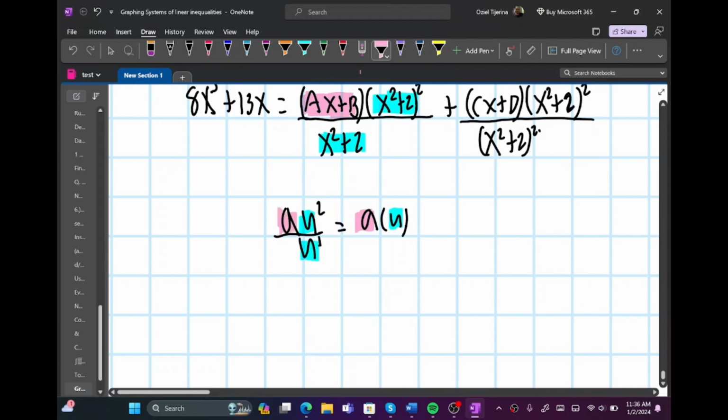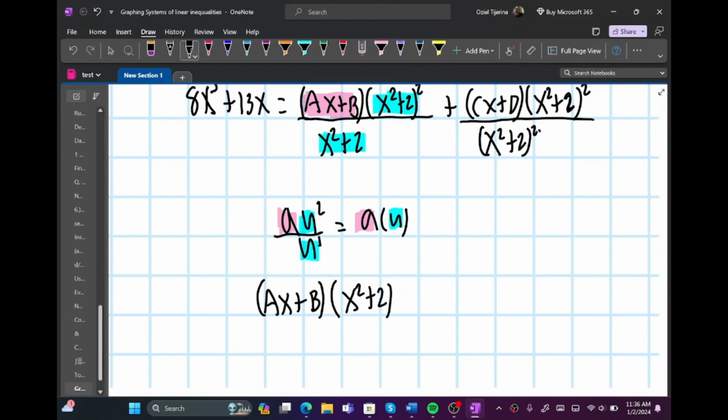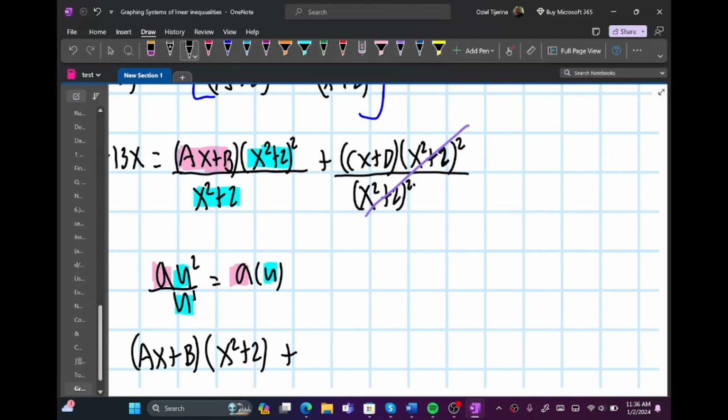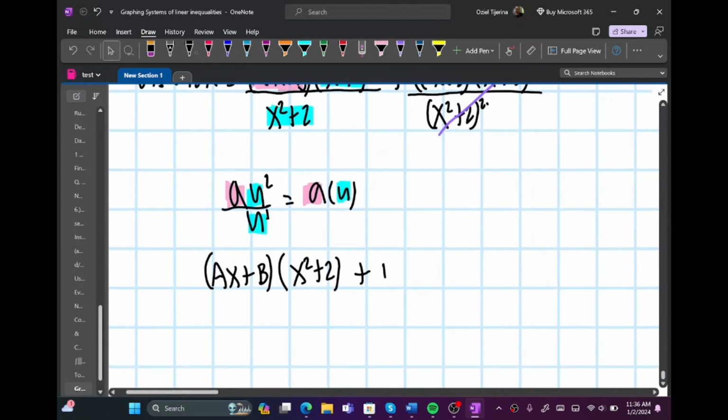So here we're going to have the quantity ax plus b, times the quantity x squared plus 2, and then obviously on the other one with the cx plus d, this is going to cancel out. So we're just going to have plus cx plus d, like this.